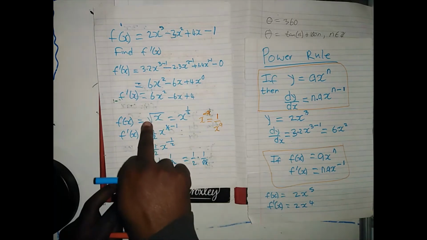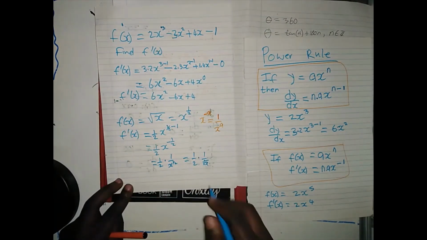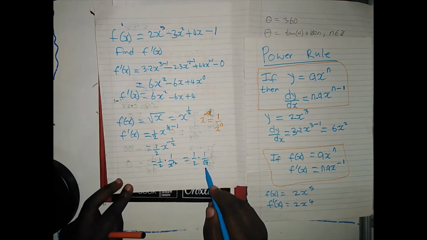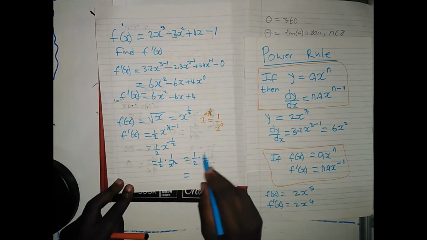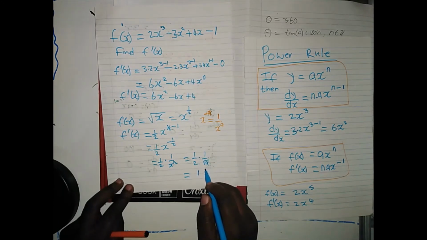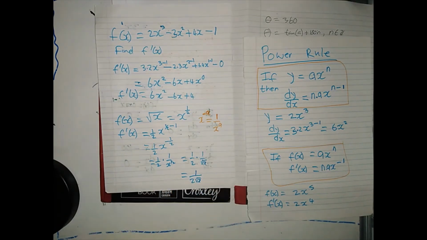Now you've got a fraction being multiplied by another fraction, and when you have that, you multiply numerator by numerator. So 1 times 1 gives 1, and 2 times root x becomes 2 root x. Does that make sense?